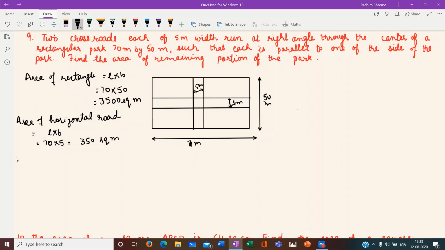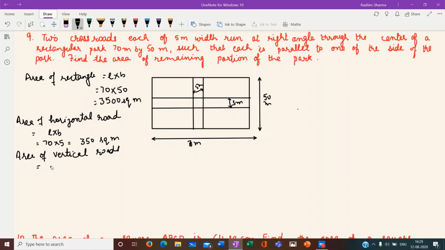In the same way we can find the area of the vertical road, because we have to find the total area of these roads, and that we can find by adding both the areas, the vertical road as well as the horizontal road.